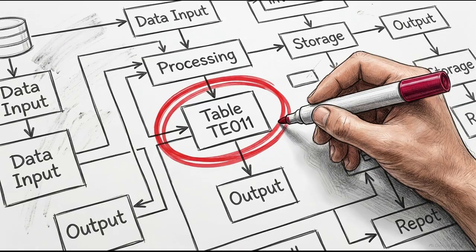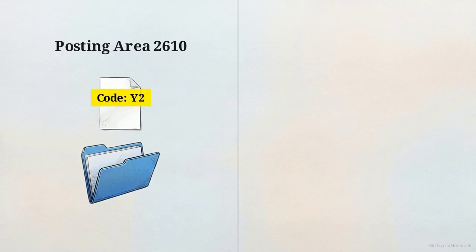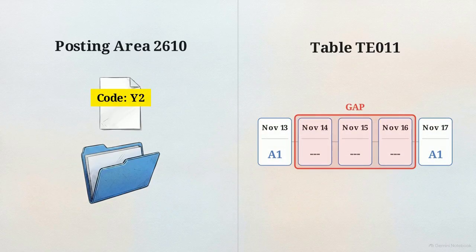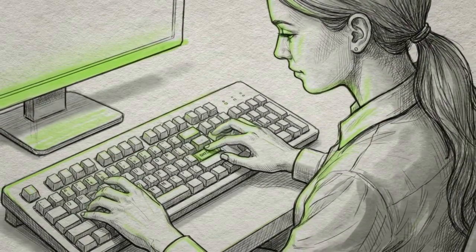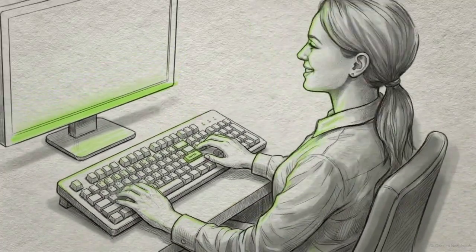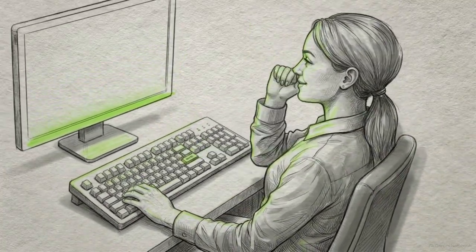An architect armed with an understanding of this pipeline knows exactly where the chain broke. They will bypass the noise and immediately check the revenue account configuration in posting area 2610 to verify the internal code, and then check table TE011 for date validity gaps. Mastering the sequential logic of SAP FICA provides the diagnostic clarity required to solve complex cross-module integration failures instantly.